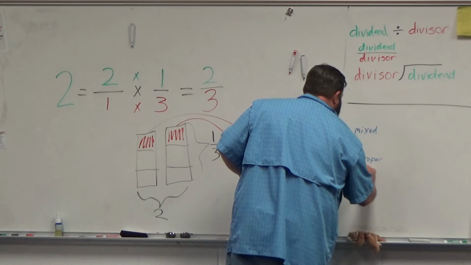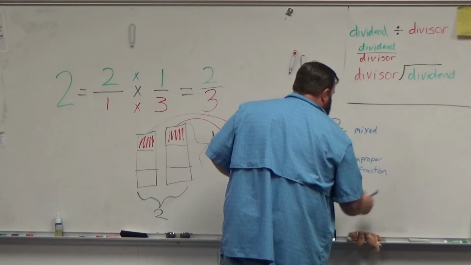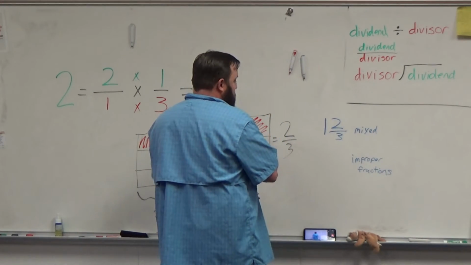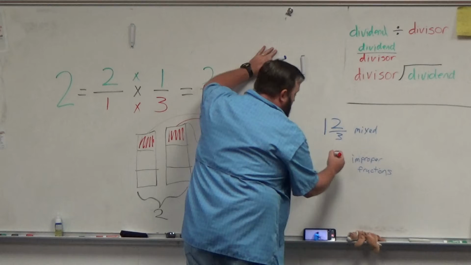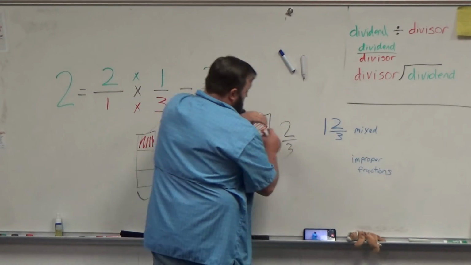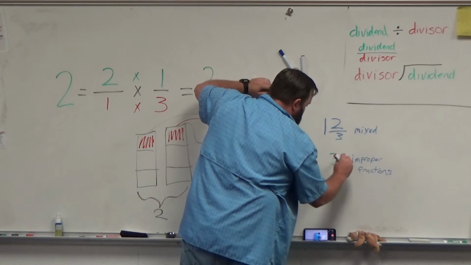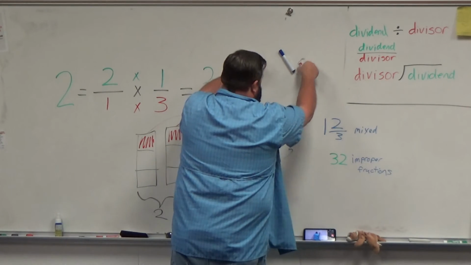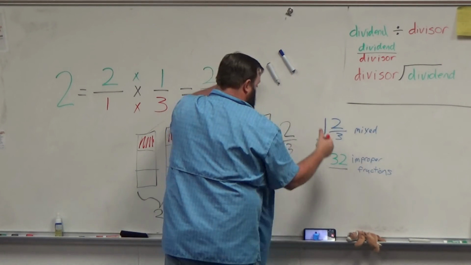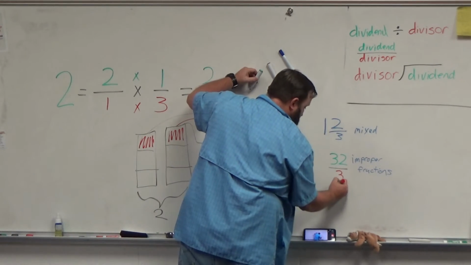Improper fractions occur when I have a larger numerator over a smaller denominator.